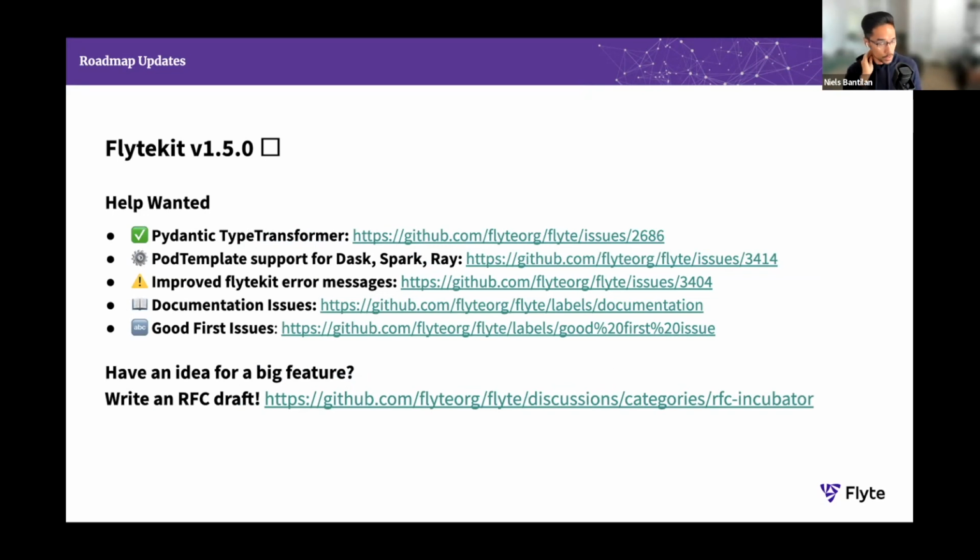The first one is issue 2686, support for pydantic type transformer. I understand there are many people in the community who are interested in this and have maybe working implementations on their side. We would love it if you could provide feedback and if you'd be down to make a contribution for this pydantic support, that would be awesome.